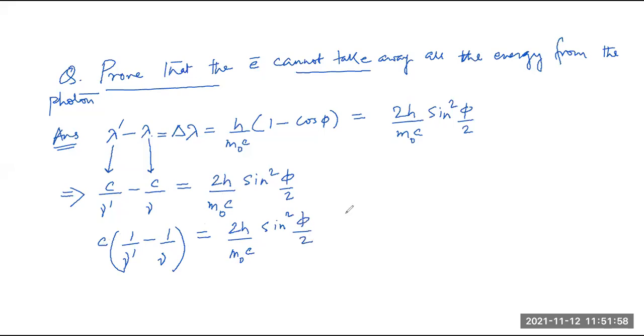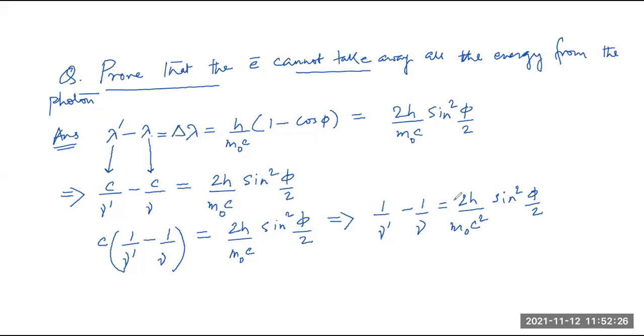Taking c to the other side, this implies 1 by nu prime minus 1 by nu is equal to 2h by m naught c square sine square phi by 2. Is it okay? Yes, sir.